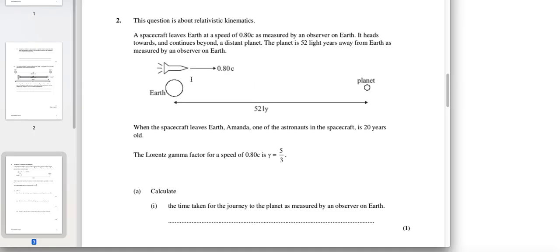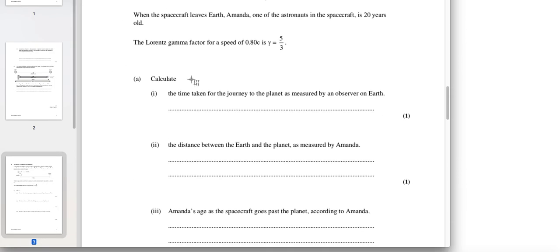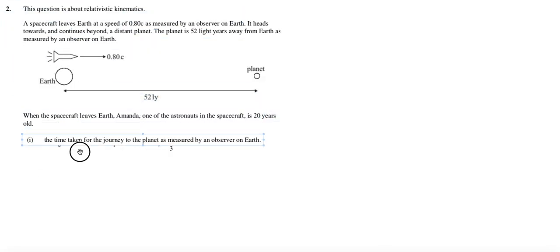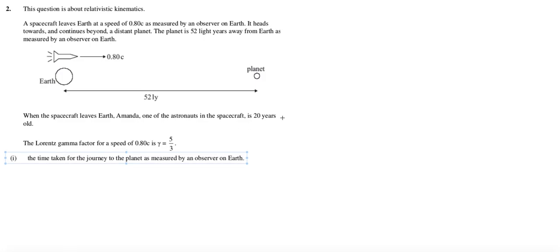And what is the first question? You have to find the time taken for the journey to the planet measured by an observer on the Earth. Okay, so let's look. What do we know? We know that the planet is 52 light years away from Earth measured by an observer from the Earth.